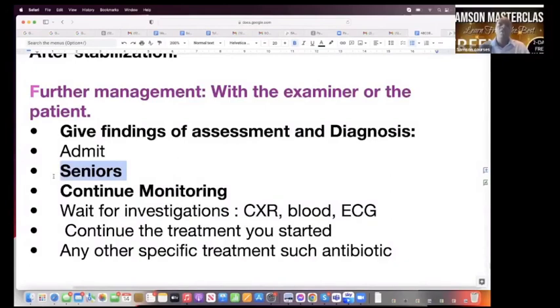Now, what this means, please, a common mistake here is listing examiners as part of your management. Listing examiners as part of your management. So things like, okay, I will need to admit you, I will do the investigations, I will talk to my seniors, I will continue treatment, I will. So you are listing seniors as part of your management.